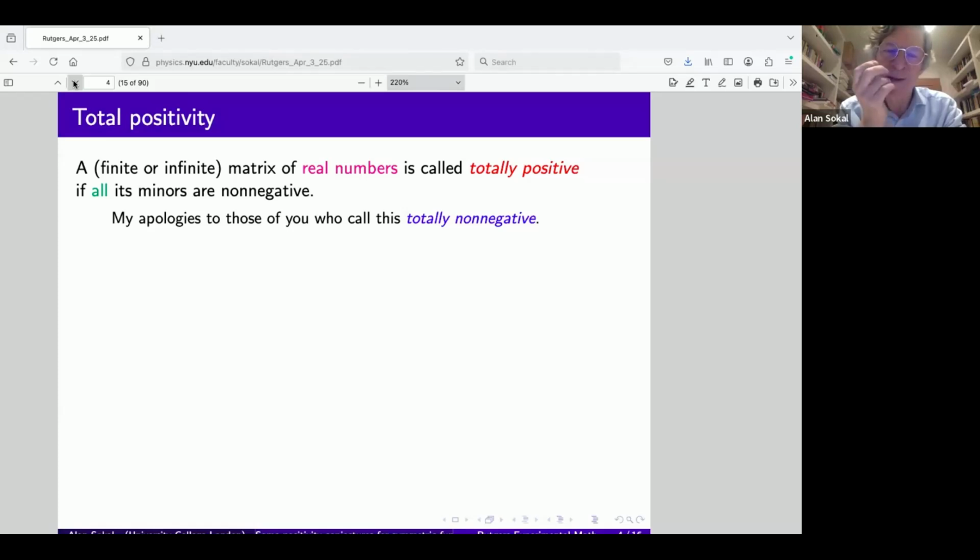Now, I should stress this is a bizarre concept from the point of view of general linear algebra, because it's grossly basis dependent. But of course, in combinatorics, we often have a preferred basis, namely, typically matrices will be indexed by non-negative integers that count something, and you don't usually change basis there. So in enumerative combinatorics, total positivity can actually have some interesting meaning.